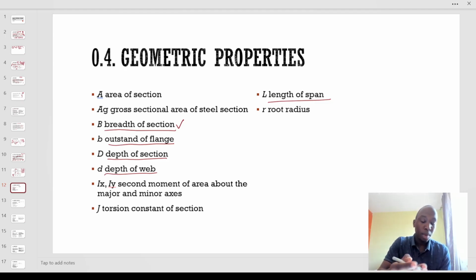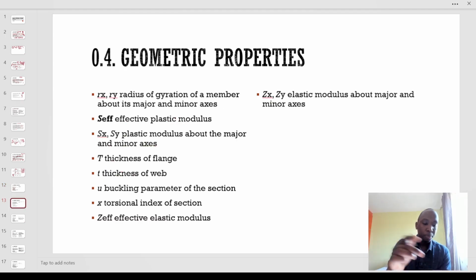So some of the things that maybe we have not identified in those diagrams. The first one, we have area of the section denoted as A. Gross cross-section area of the steel section, AG. IXX and IYY, you talked about that, is the second moment of area. A radius of gyration about the major and minor axis.